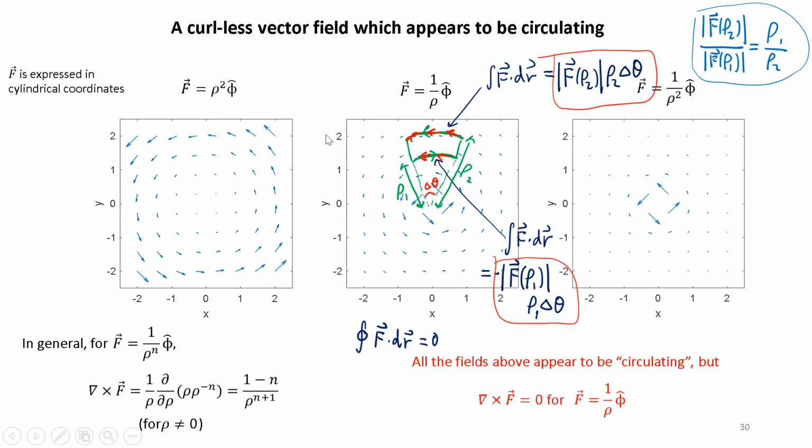If you have a straight, infinitely long current-carrying wire, remember that your B field is some factor mu naught I over 2 pi or something like that. So this 1/ρ dependence of the vector field is a case that we see a lot.